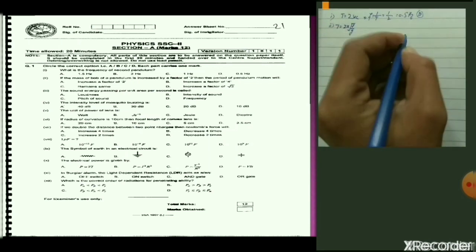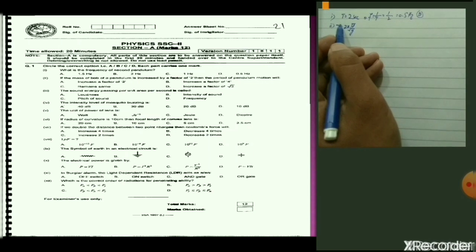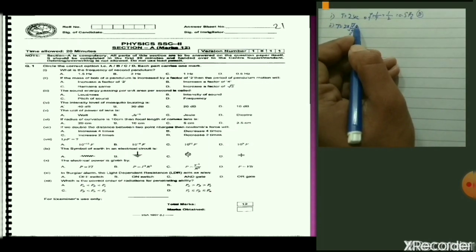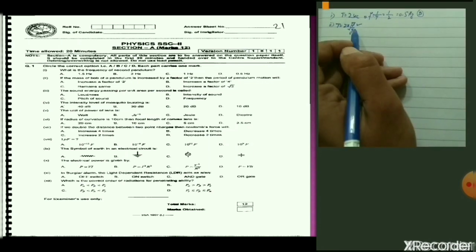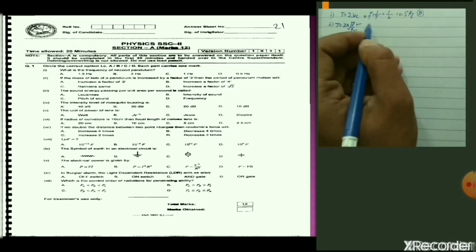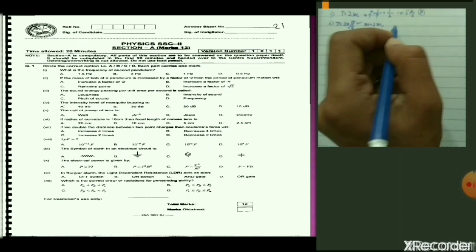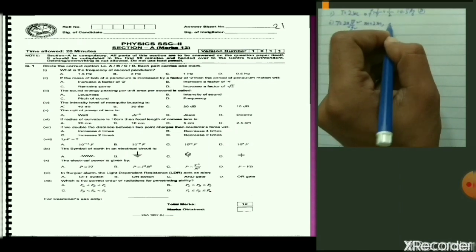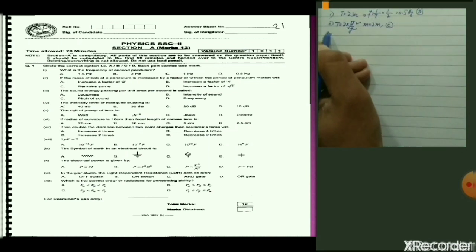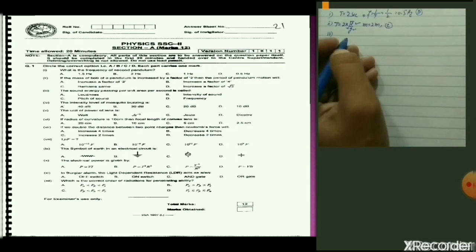In this equation, the time period of a simple pendulum depends upon the length of the pendulum and the gravity of that place. So if the mass becomes double, the time period will remain the same. Option C is correct.